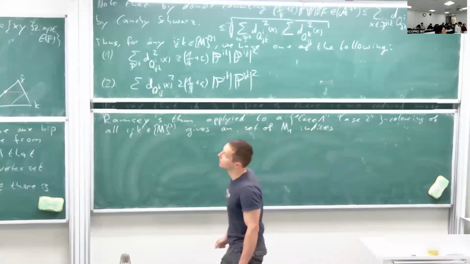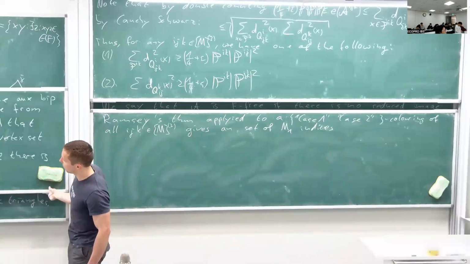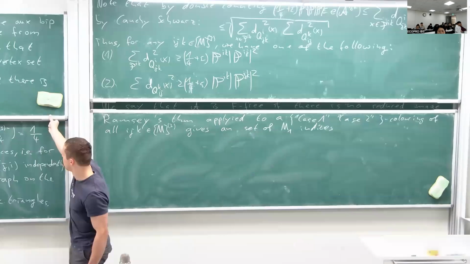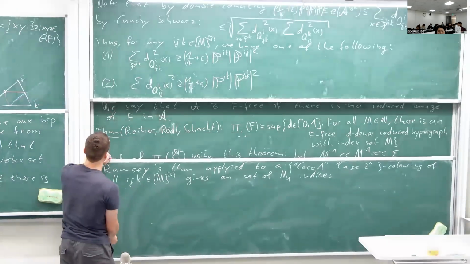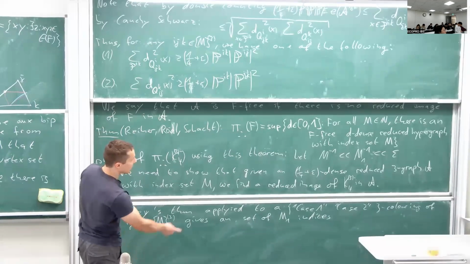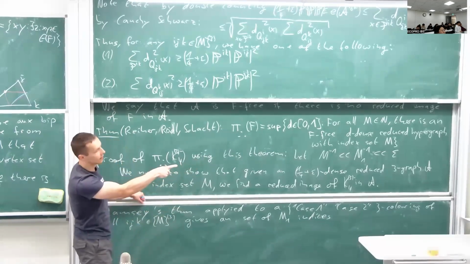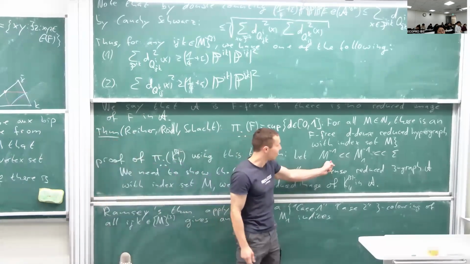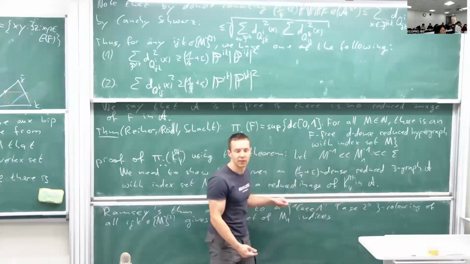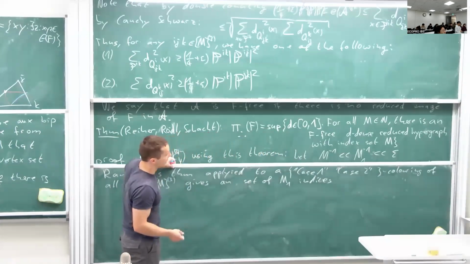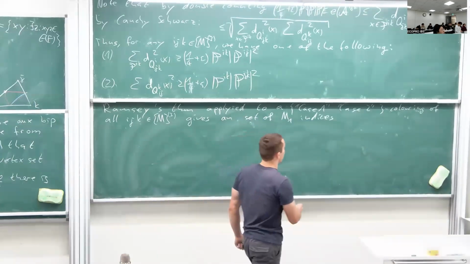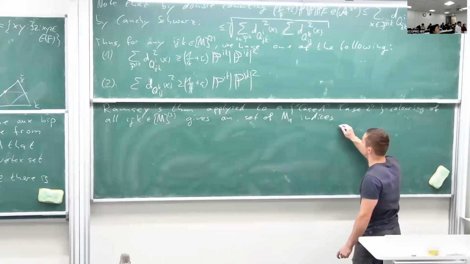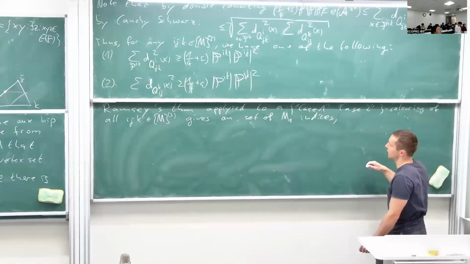So this is why we chose this hierarchy. We have M much larger than M1, so that we can apply Ramsey. And without restriction, these are just the first indices, just so that we can write the index set easily.